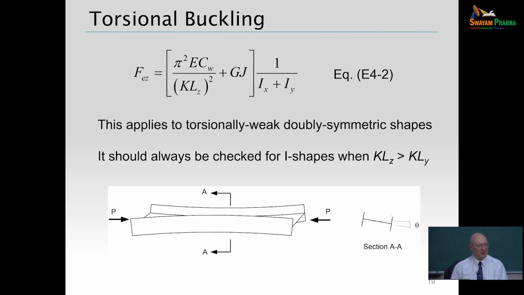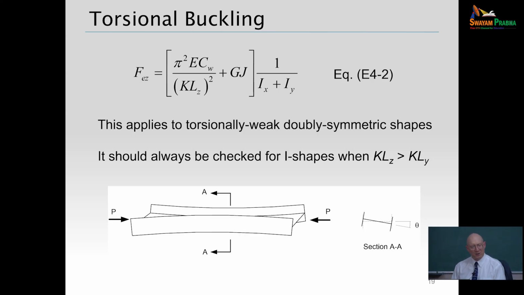So the KLZ here, you can interpret it if it's a case like you see at the bottom of the slide. That we would say is a torsionally simply supported end condition. It's free to warp. The flanges are free to warp at the ends, as you can see in that sketch.